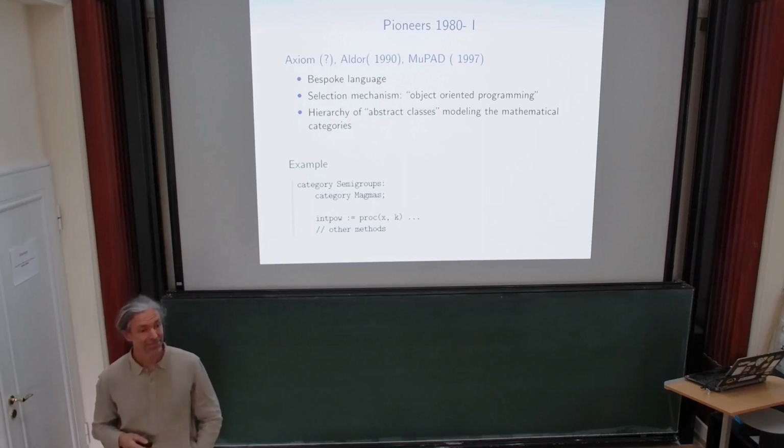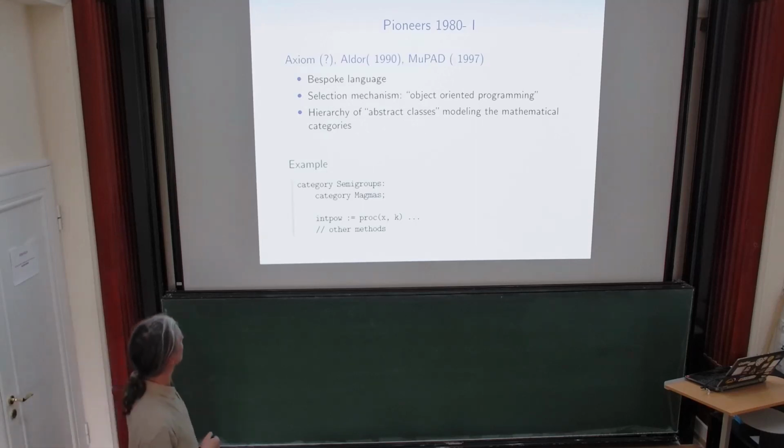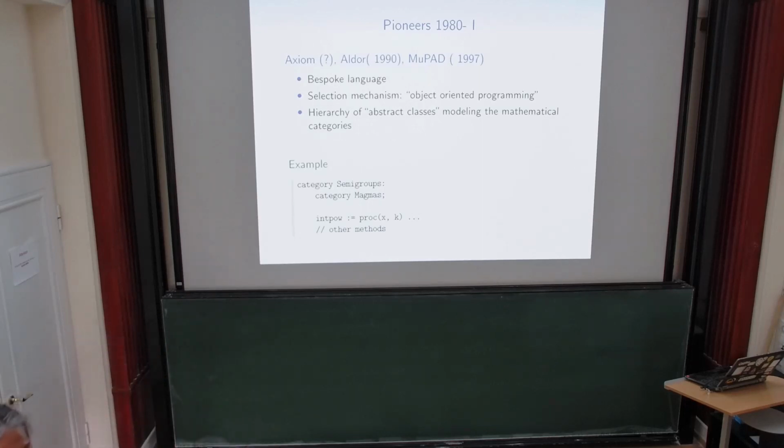By category here, do you actually mean a category as in mathematics, or is it more like a class, as in object-oriented programming? Technically speaking, behind the scenes it will be implemented by classes, but it's good to have the terminology of categories, and you will see why just after.